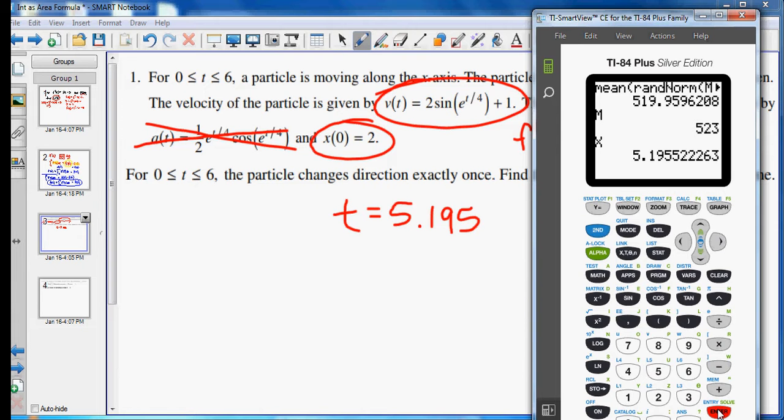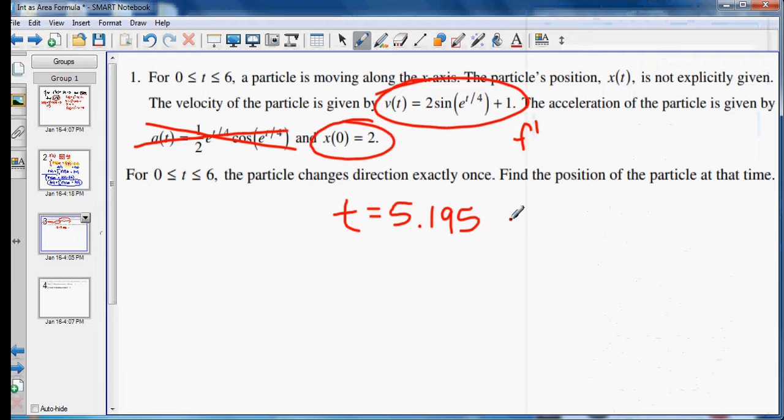So I'm going to store, this is the button right above on, that number into a. Just hit alpha, a. You can pick a different letter if you want, it doesn't matter. And now, anytime I want that exact number, not just the rounded off version, I can just type in A.